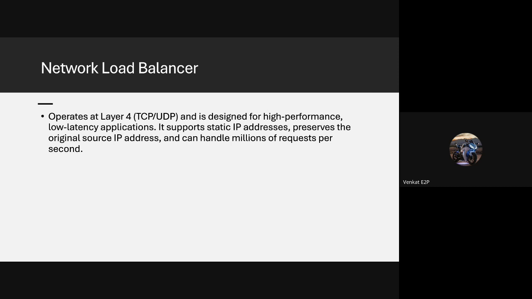The network load balancer is capable of handling millions of requests per second while maintaining low latency. For example, without it, if you request YouTube, it would take very slowly, too much time to load.